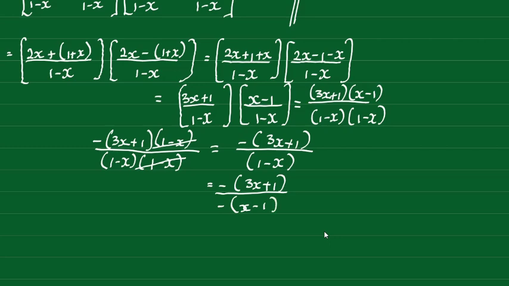Minus ends up cancelling out minus. We're left with (3x plus 1) divided by (x minus 1) as our final answer. Thank you.